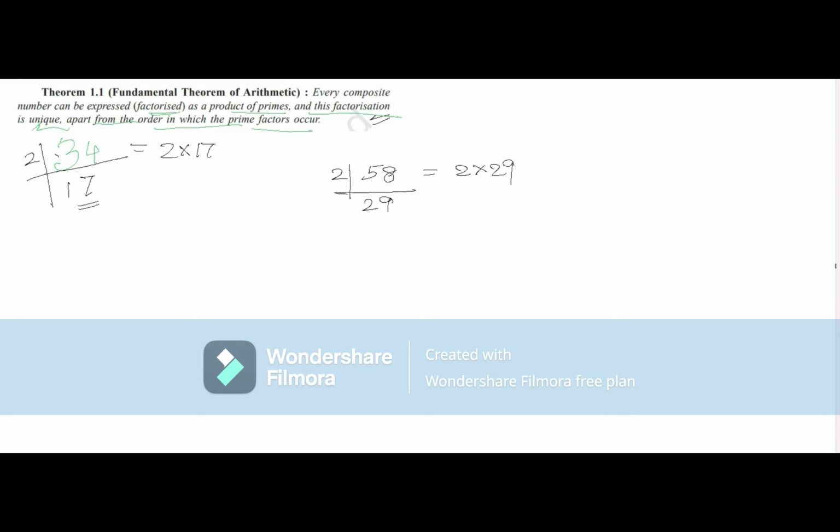Now, when I factorize, there is something I should know. What is that? That is known as the test of divisibility.